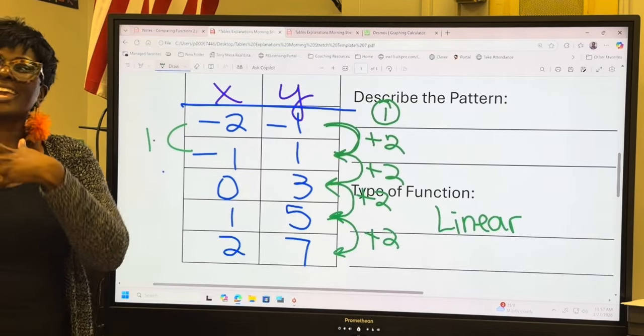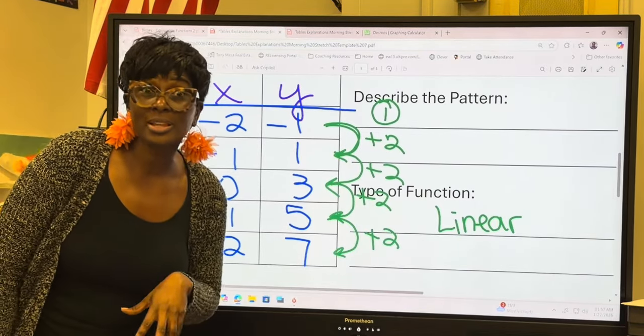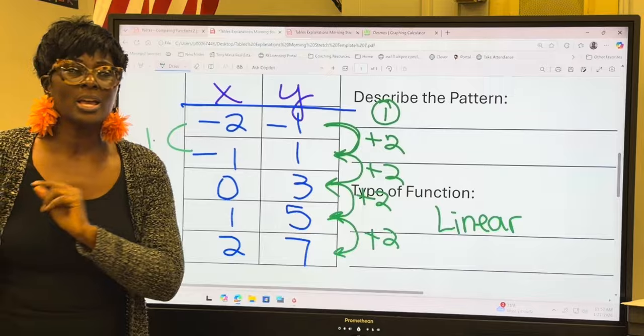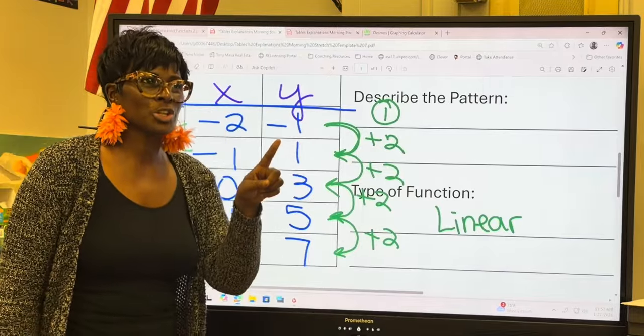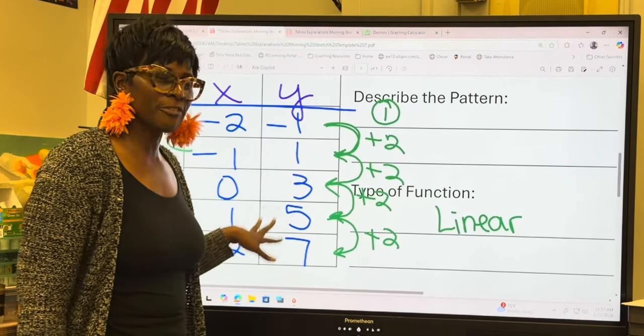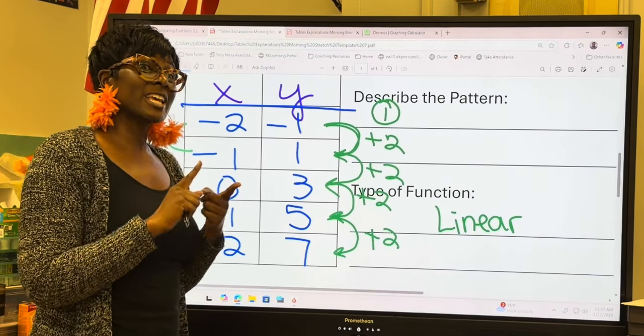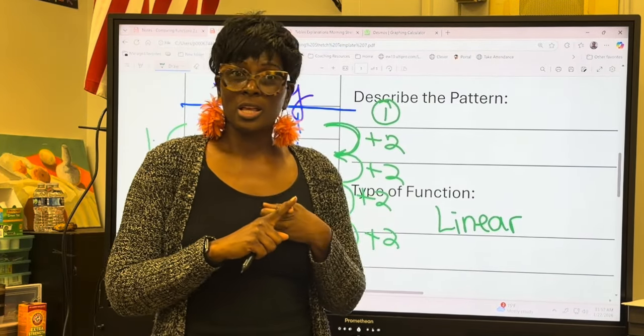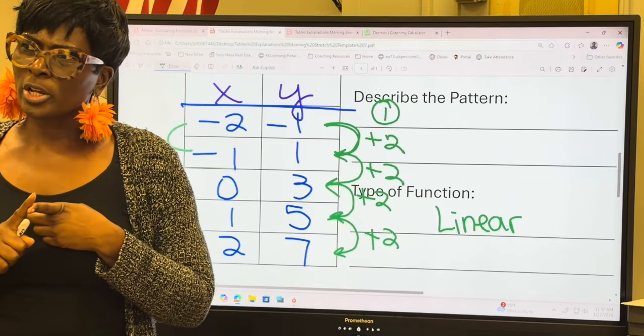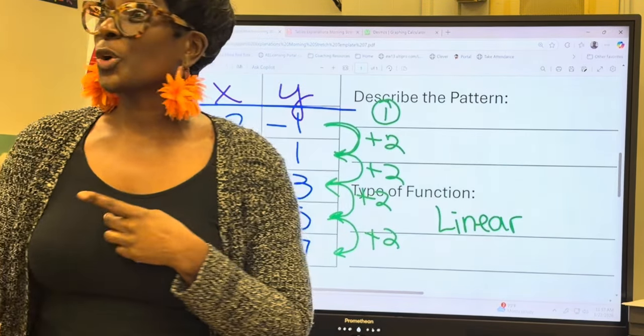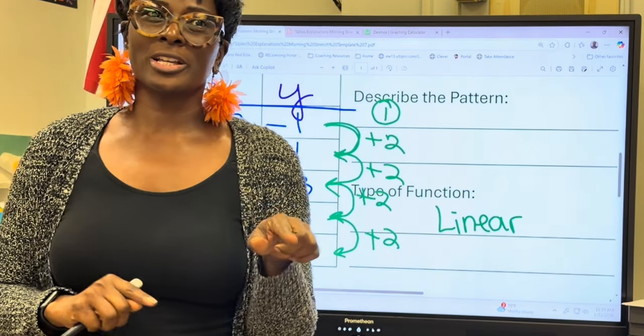Give me some key features. That word is gonna stand out later. Give me some key features about linear functions. What do we notice? Is it always gonna increase? No. What else could it do? Decrease. It could increase or what? Decrease. Does it do both?